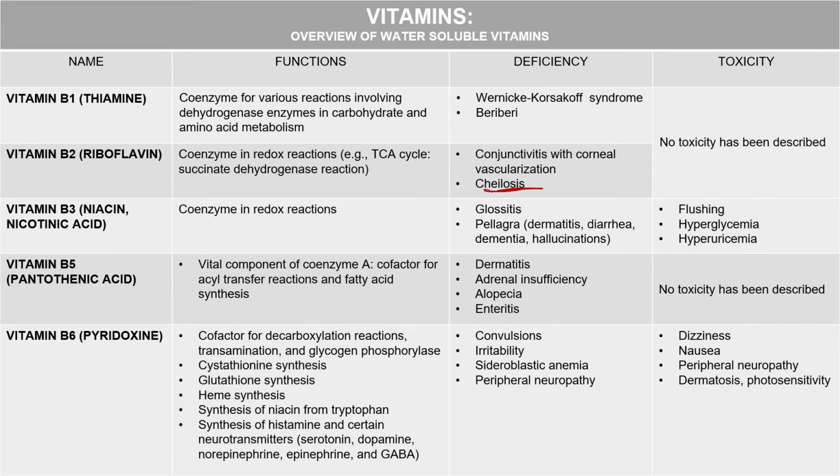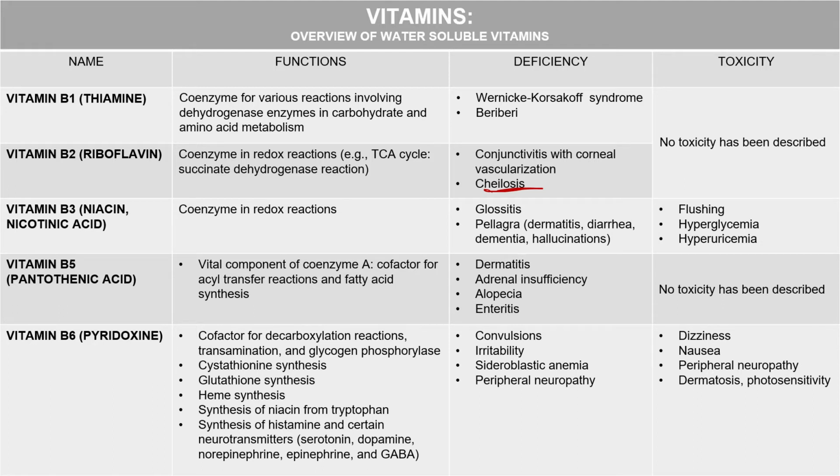Also, very important for you to know is that so-called Wernicke-Korsakoff syndrome is a very common disorder of chronic alcoholics. Mainly, it is developed as a neurological condition. So those patients develop many neurological symptoms.